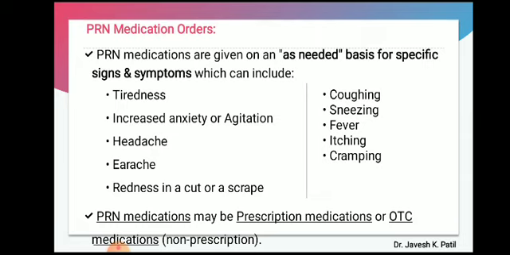That is mentioned, and these are called PRN medication orders. Many signs and symptoms are there: tiredness, increased anxiety or agitation, headache, earache, redness or a cut or scrape if it is observed over the skin, coughing, sneezing, fever, itching.